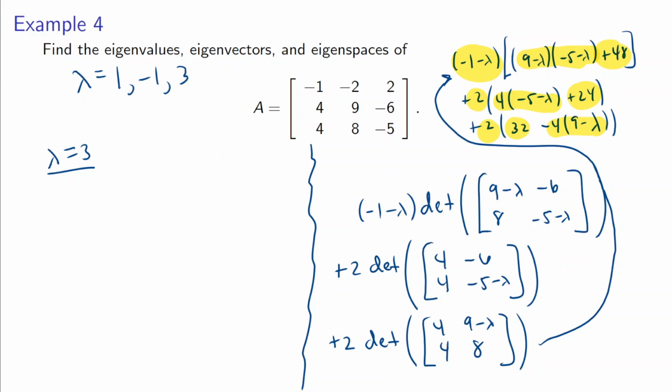So we would want to look at A minus 3I. So that'll be minus 1, minus 3, minus 4, minus 2, 2, and then 4, 6, minus 6, and 4, 8, minus 8. We're going to augment that with the 0 vector, okay?